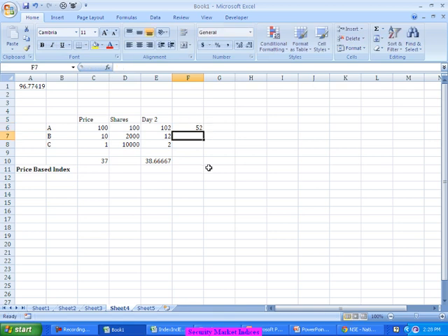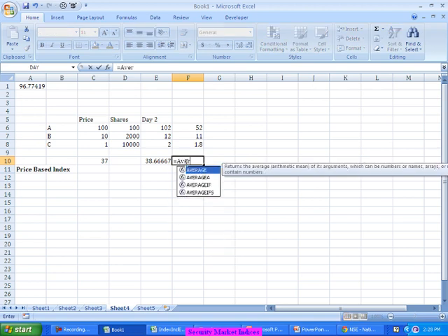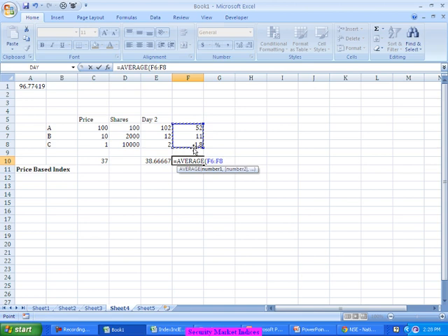Actually the split will take it to 51, and some trading happened and it has gone to 52, and let's say this has gone to 11, and let me assume that this has gone to 1.8. Now if I take a simple average today, the index becomes 21.6. Then some news comes out, or probably I'll make this 12.5, slightly improved, and this I'll make 2.2.